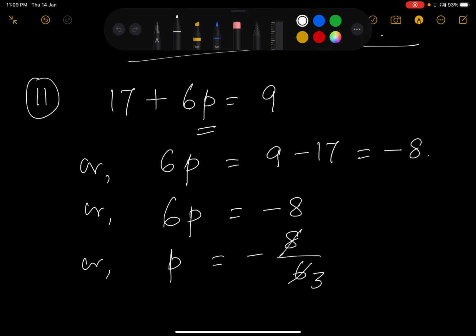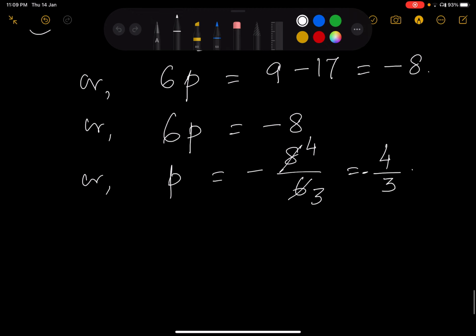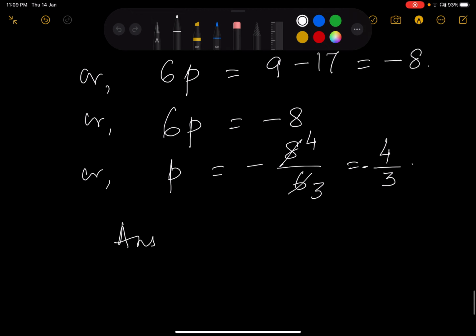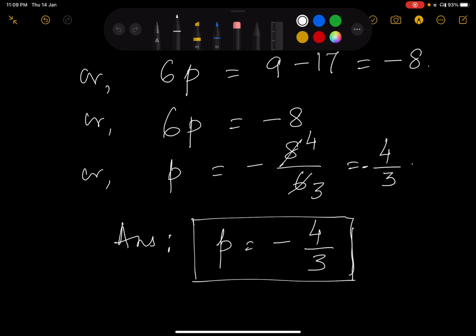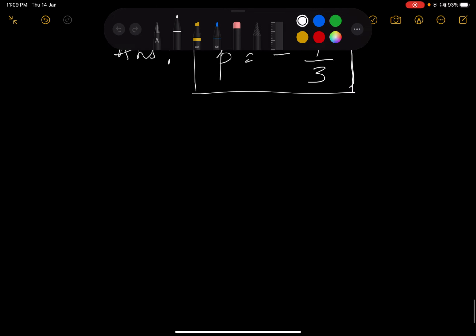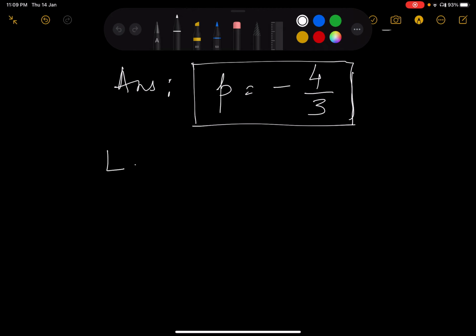So the value of p is minus 4 by 3, or the answer is p is equal to minus 4 by 3. Like this you can also verify yourself that left hand side is equal to right hand side.